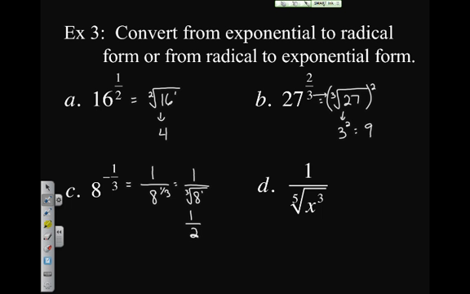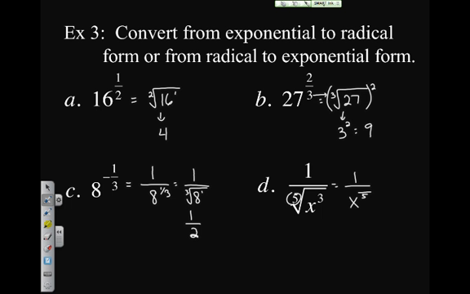And then for part D, we have this value here. And, oh, this is in radical form, so we want to switch it to exponential. So first of all, we've got 1 over x. Remember, the index is the denominator of our exponent, so that's a 5.